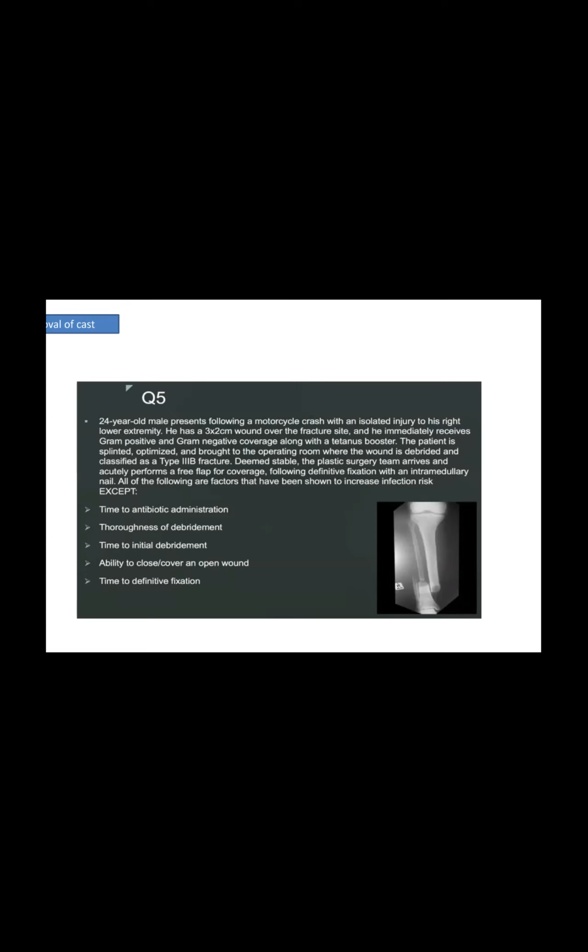A 24-year-old male presented following a motorcycle crash with isolated injury to the right lower extremity. He has a 3 into 2 centimeter wound over the fracture site, and he immediately receives gram positive and gram negative coverage along with a tetanus booster. The patient is splinted, optimized, and brought to the operating room where the wound is debrided and classified as a type 3B fracture.